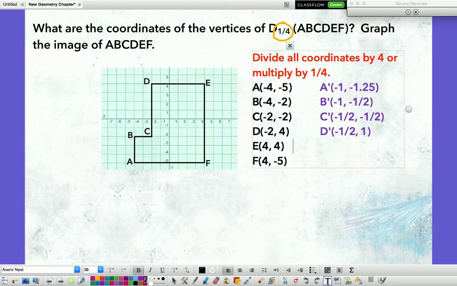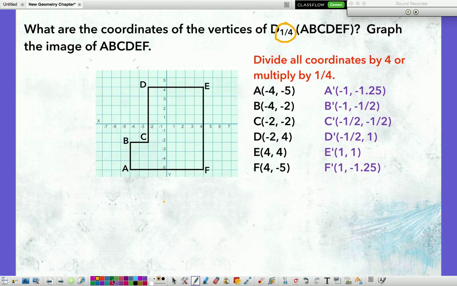Now this is going to be really small, so I don't want you to freak out when you start putting the dots on it and it's really strange. Okay, 1, 1. -1.25.